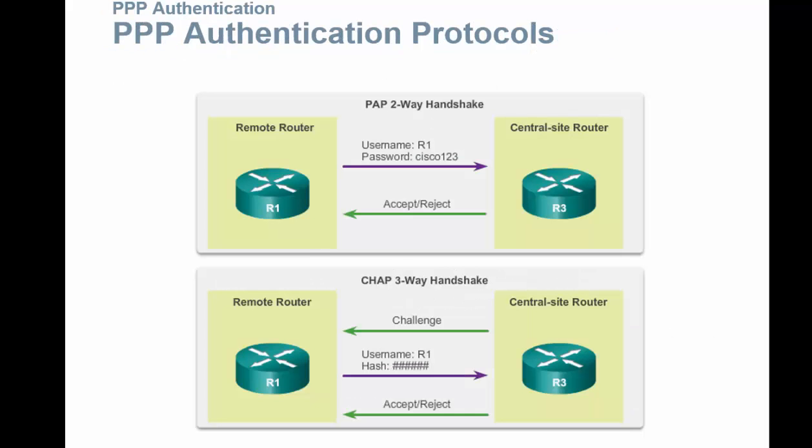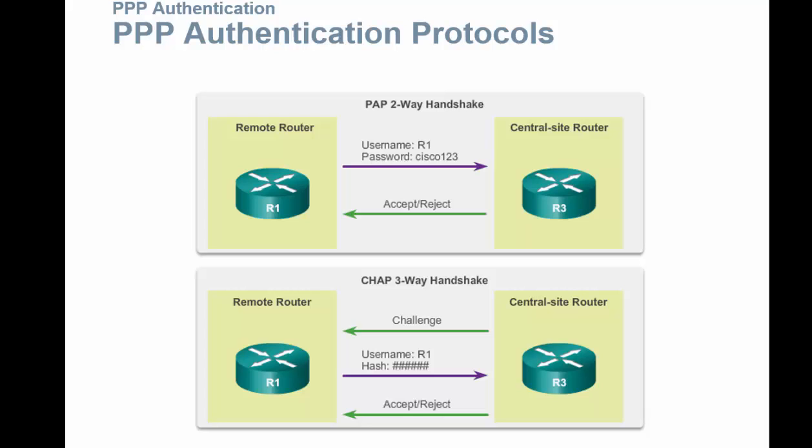With PPP, it defines an extensible LCP that allows negotiation of an authentication protocol for authenticating its peer before allowing network layer protocols to transmit over that link. RFC 1334 defines two protocols for authentication, PAP and CHAP, and that's what we're showing in this diagram.